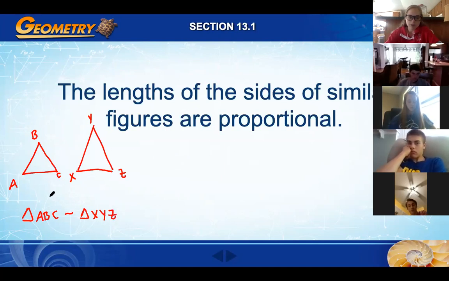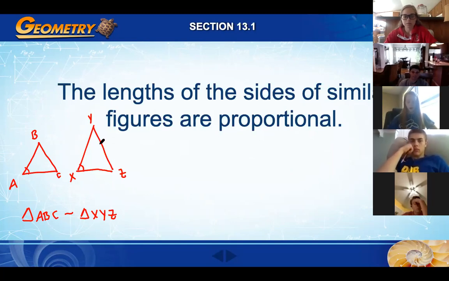Now notice similarity means that two objects are the same exact shape. Their corresponding angles are congruent. So this angle and this angle are corresponding, so they're congruent. But if they're similar triangles, then the lengths of their sides are proportional.